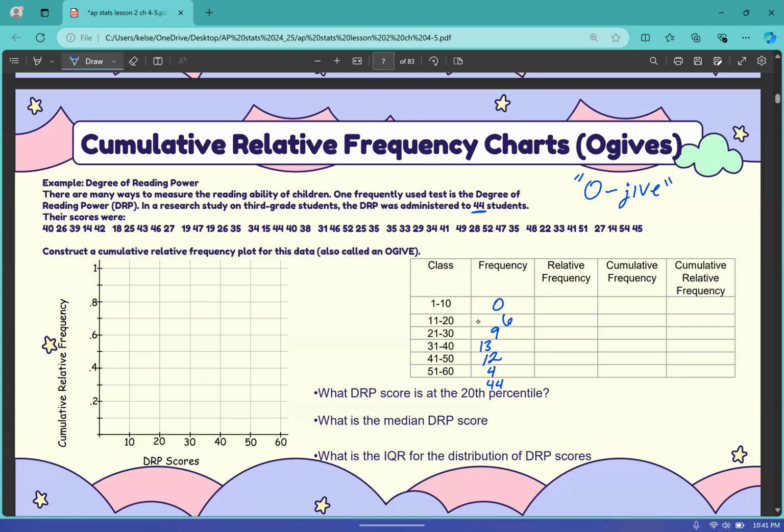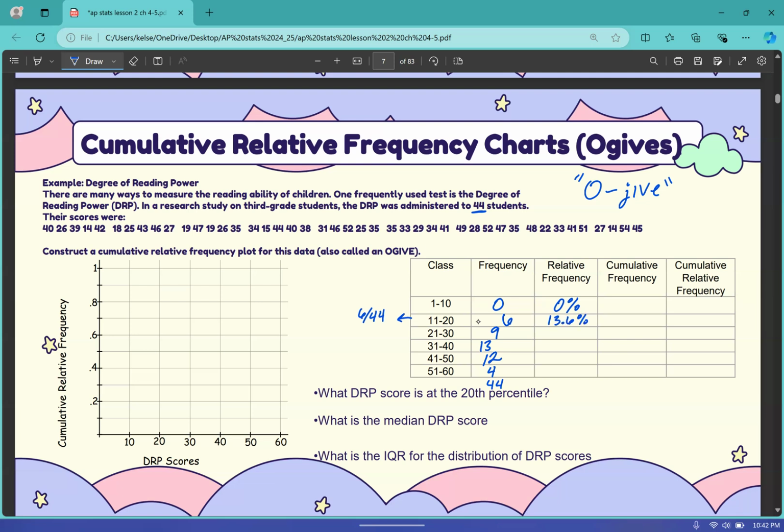Okay, so now relative frequency. You take your frequency and divide it by the total, which in this case is 44. If there's 0 in that band, then we're going to have a 0% frequency there. Now 6 out of 44, if you do that in the calculator and round it, comes out to 13.6%.